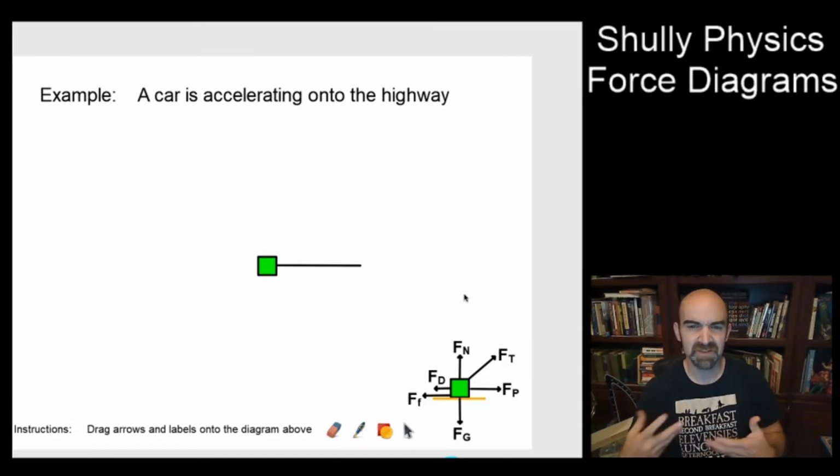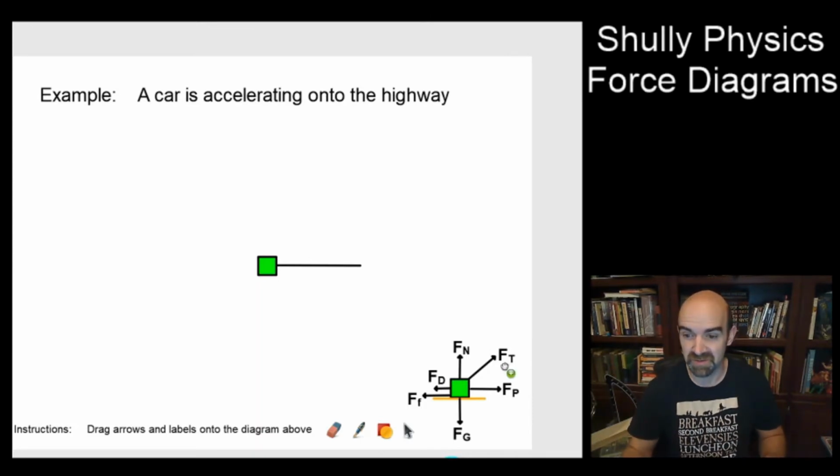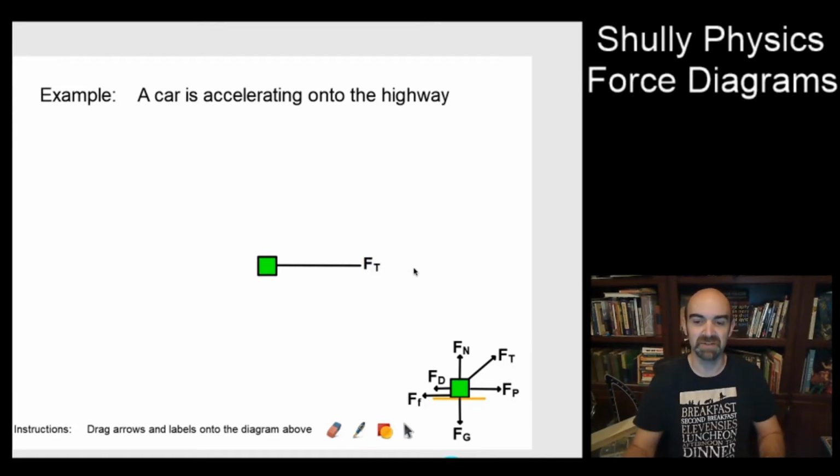Now, this is an applied force. There's an engine here, so I might put an FE for the force of the engine, but a nice general term for planes, trains, and automobiles, pushing force is thrust. So I'm going to use an FT for thrust, force of thrust. That's an applied force.